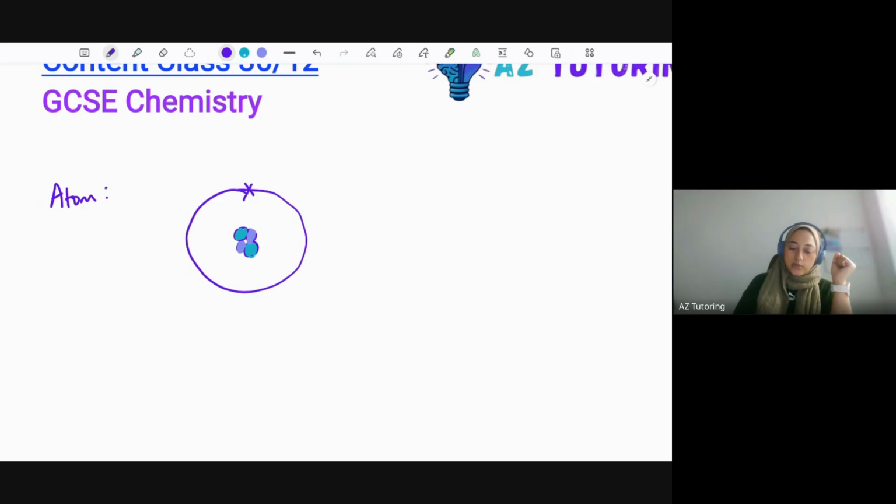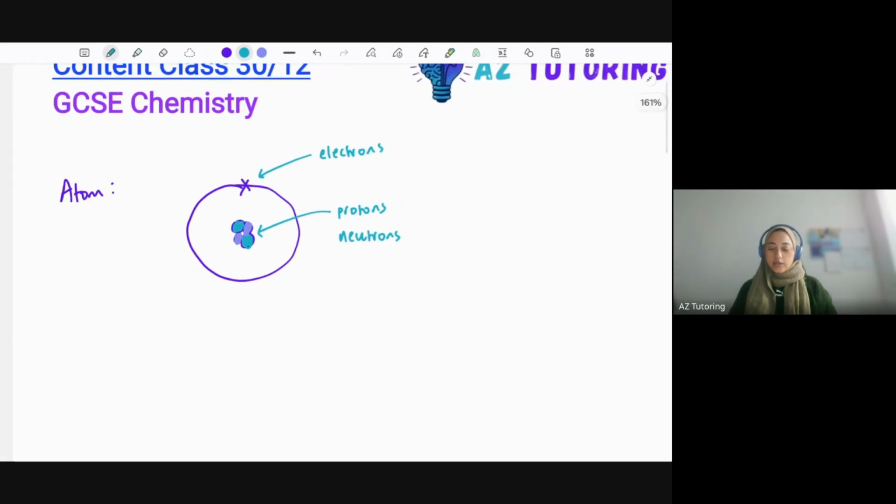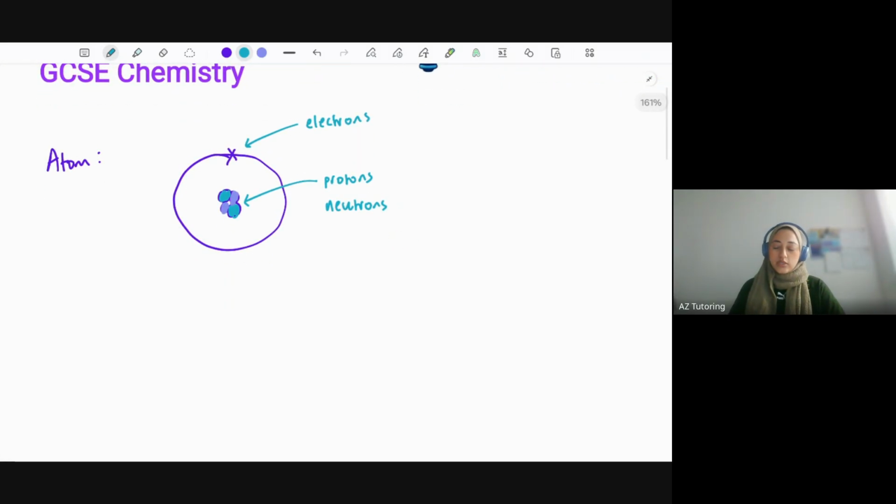Out of all these subatomic particles, I would say the electrons are probably the most important. That's one you will keep hearing about throughout today and throughout GCSE as well. So we've got the electrons in the shell, and then in the nucleus, we've got the protons and neutrons. Now, for each of these subatomic particles, you need to know what the mass and relative charge of them are.